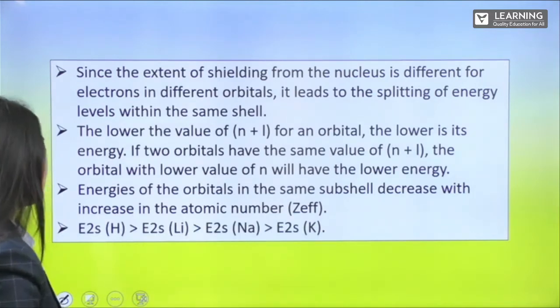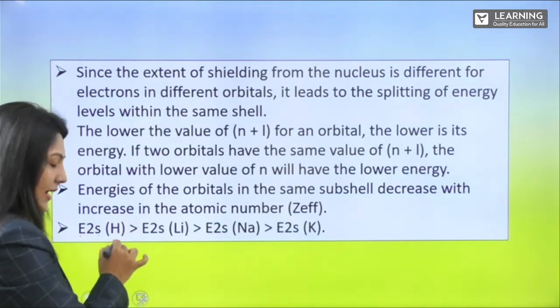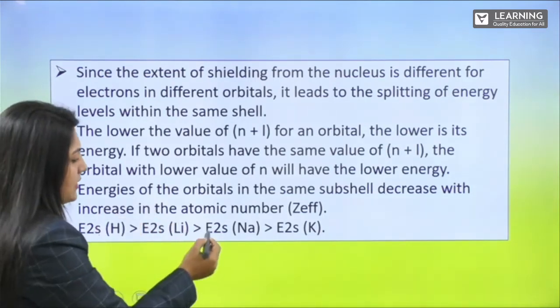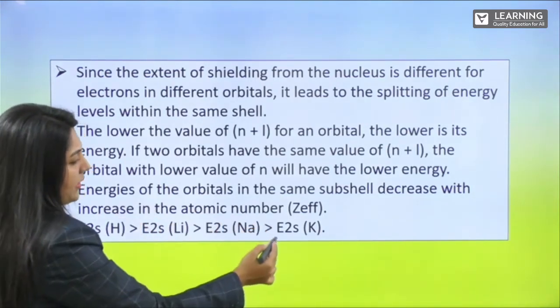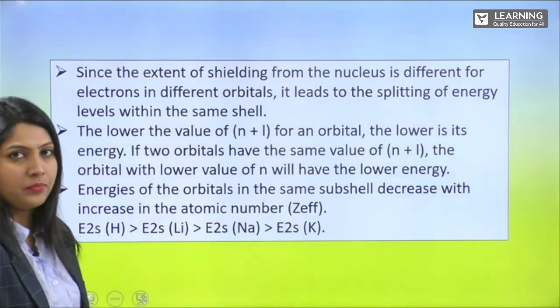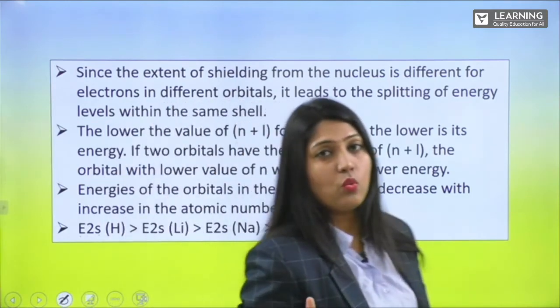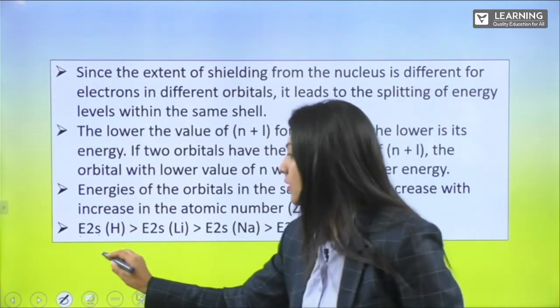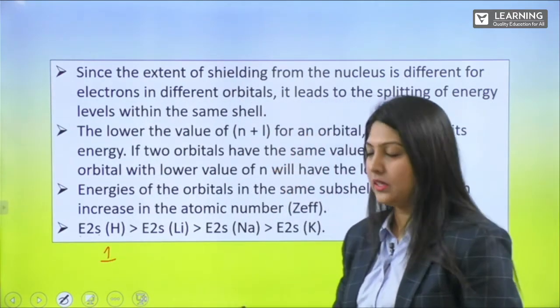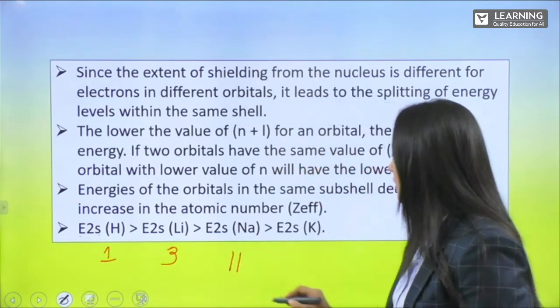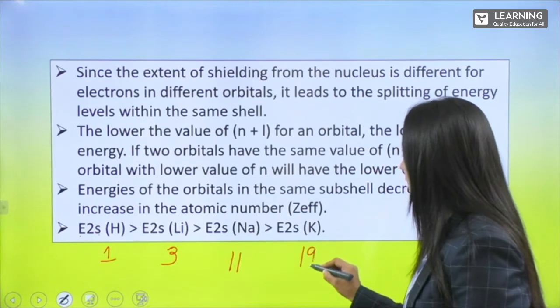So you can see here the 2s of hydrogen atom, 2s of lithium atom, 2s of sodium atom, 2s of potassium atom. As we know, hydrogen has 1 as atomic number, lithium has 3, sodium has 11 and potassium has 19.